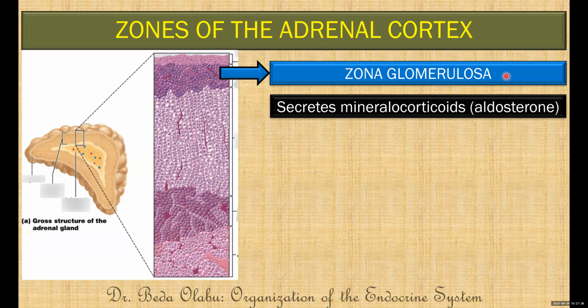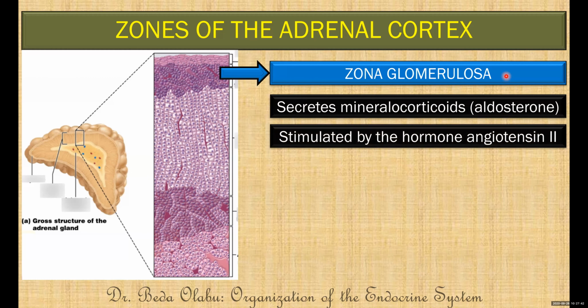A good example, or the main example of mineralocorticoids, is aldosterone. For zona glomerulosa to secrete aldosterone, it will need some stimulation. The stimulant for secretion of mineralocorticoids is angiotensin II.